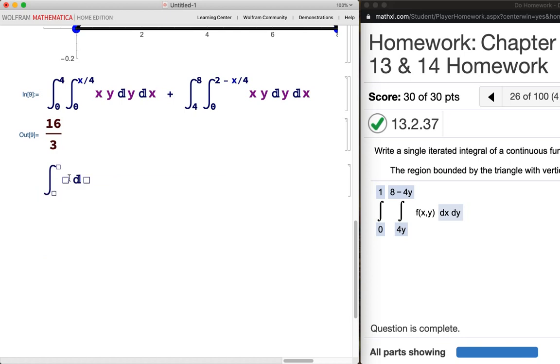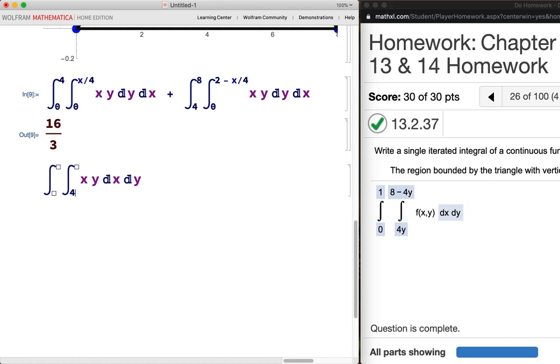So here we have a single iterated integral instead of the sum of two iterated integrals. I'm using x times y as my specific example of f of x and y. I'm integrating first with respect to x, and then with respect to y.